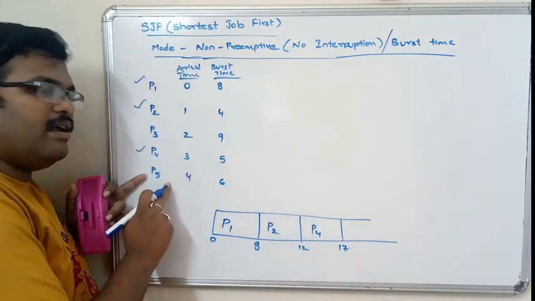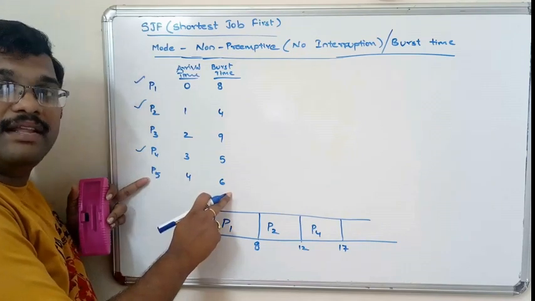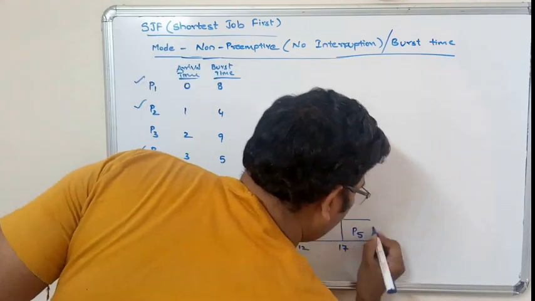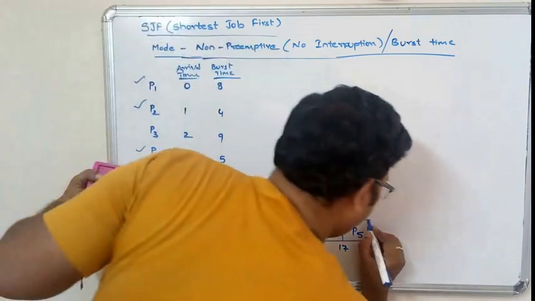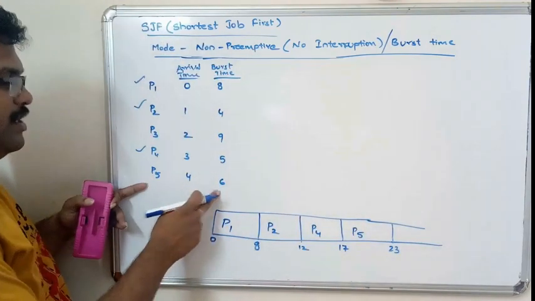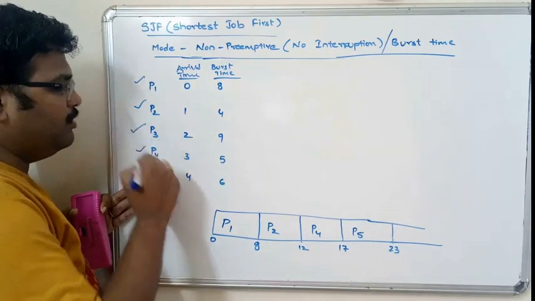Next, 2 processes are in the ready queue. Among these 2 processes, P5 has the shortest burst time, so P5 is allocated to the CPU. It will be executed till 23. Next, only one process is available in the ready queue.